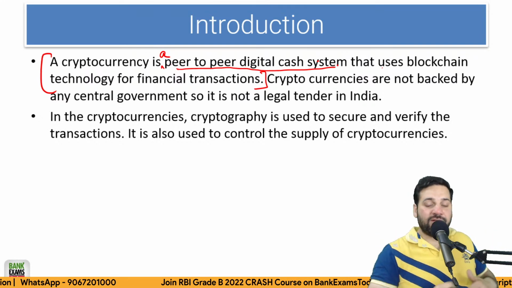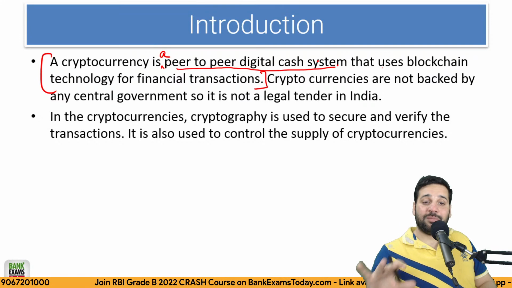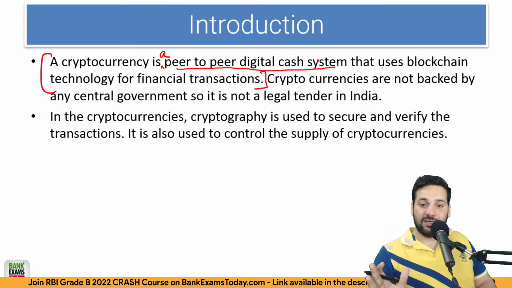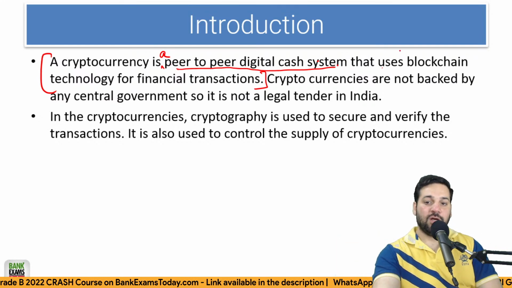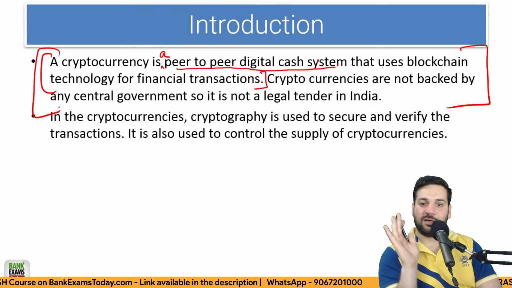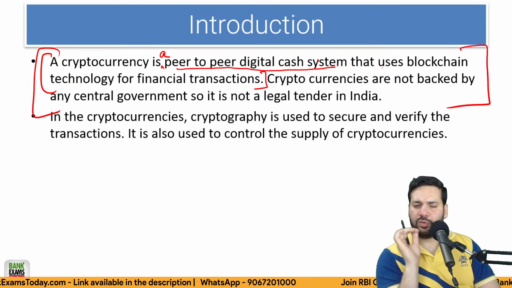You don't have that much time. Cryptocurrencies are not backed by any central government, so it is not legal tender in India. You can write that here or in the next paragraphs, it is up to you. In the first paragraph, we have explained the cryptocurrency concept beautifully.